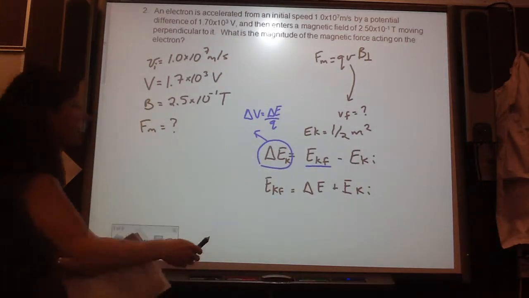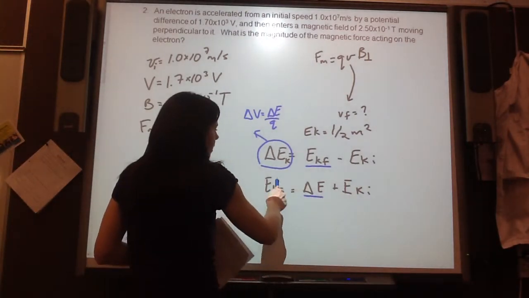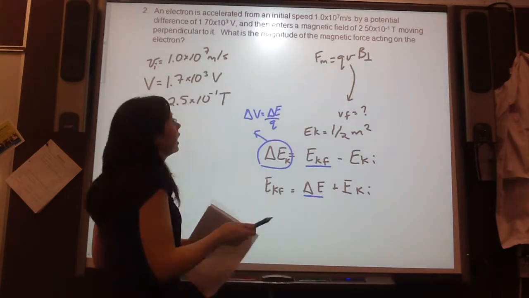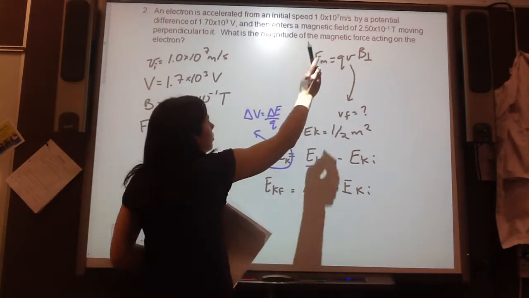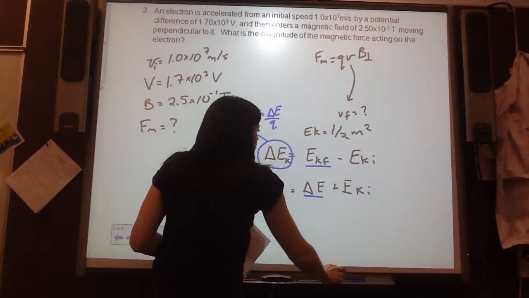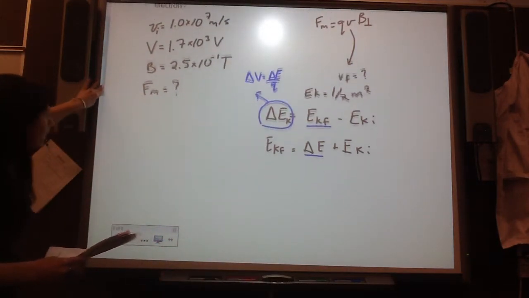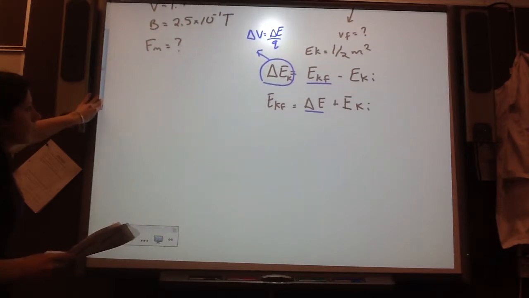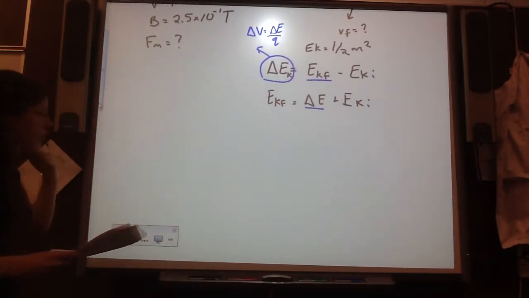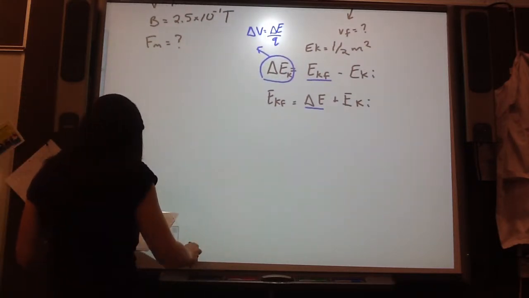Then I can put that into this formula to solve for EKF and get VF, and then put it into this. So there are quite a few steps involved in this one. It's not a lot of formulas you actually have to put in.